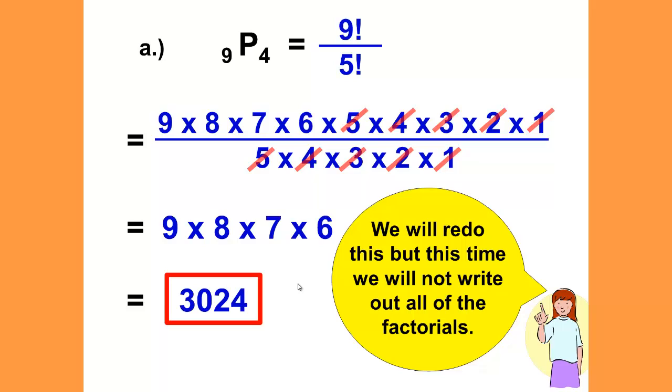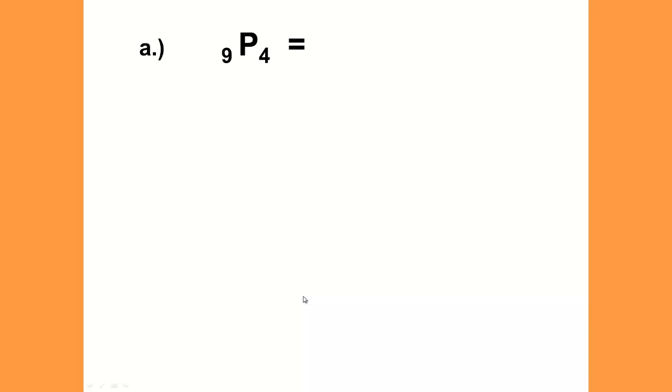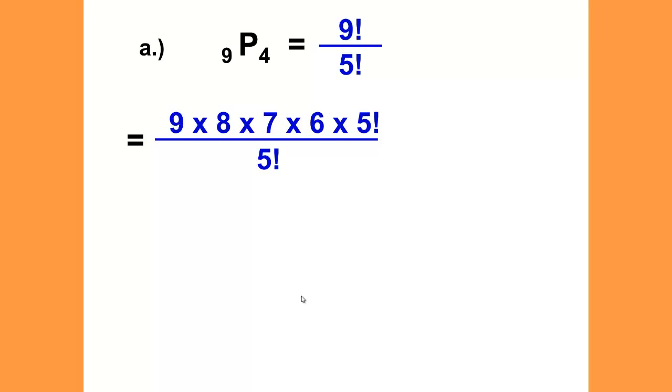We'll use a technique that's very common when doing factorials. Again, 9 pick 4. In the formula, 9 factorial over 5 factorial, we're going to match the factorials. We count down the top, but just until it matches the bottom factorial of 5 factorial.